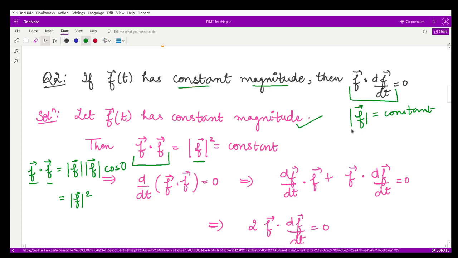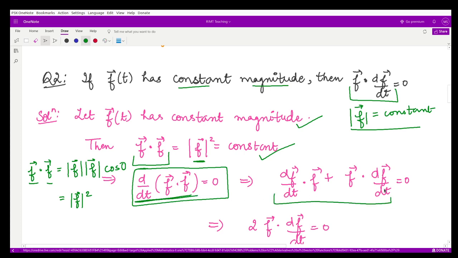Because this is given to be constant, its square is also going to be constant. Now if this is constant, when I take its derivative, this is going to be 0. If this is going to be 0, you can open up the definition for this derivative using the properties of derivative. So accordingly you have this expression, and this is going to be 0. Now this quantity here and this quantity here are the same. Why?